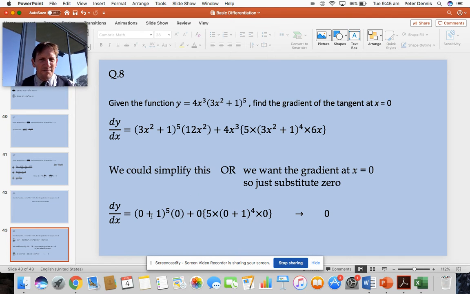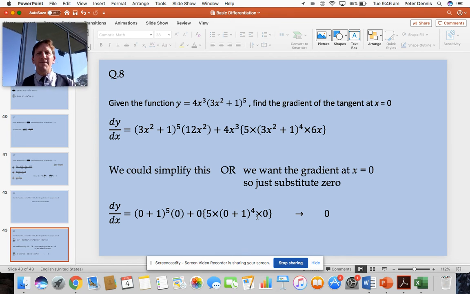And 0 times anything is 0. So this becomes 0. Exactly the same thing happens here. This, when we put x equals 0 in, becomes 0. So you're going to get 0 times whatever is in this bracket. Doesn't really matter, because 0 times whatever's in this bracket is going to give us 0 as well. The 5 doesn't change. This becomes 0 plus 1 times 6 times 0. So this is what we get.